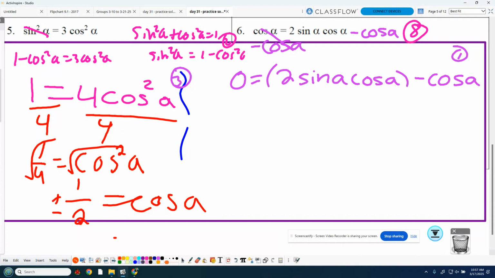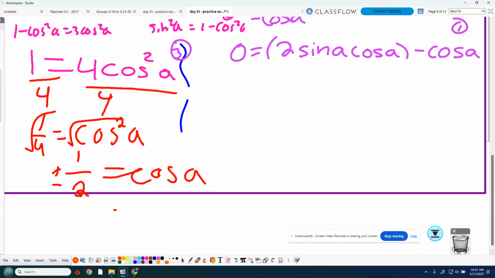Square root of cosine squared is cosine. Yes, you need the plus or minus. That's like one of the big things in trig calc. But if you do have a square root, so.